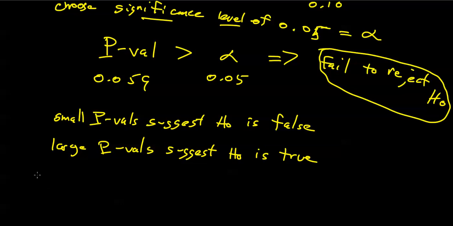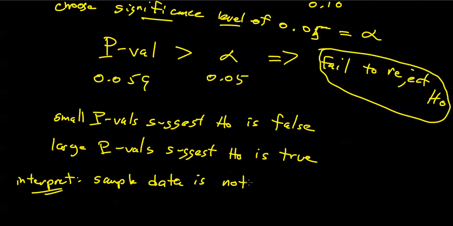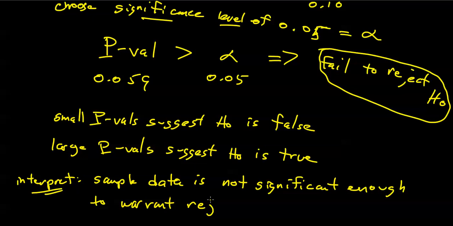So, alright, that's step 3, our comparison of the p-value and conclusion. So I'm going to add what I call an interpretive statement. The sample data, and there's a lot of different ways to say this, the sample proportion data is not statistically significant enough to warrant rejection of H0.